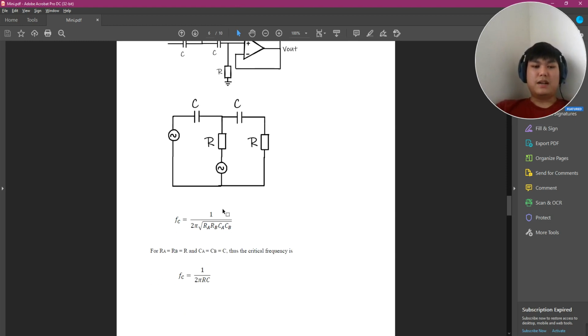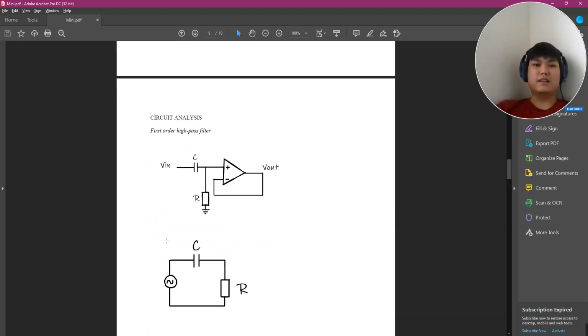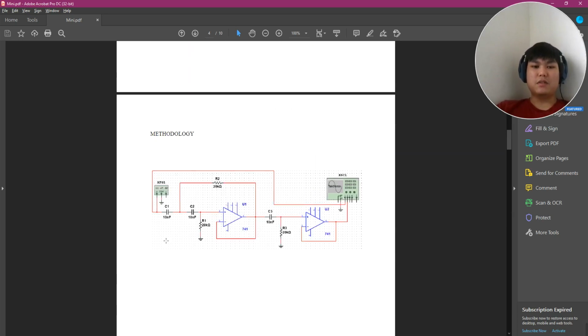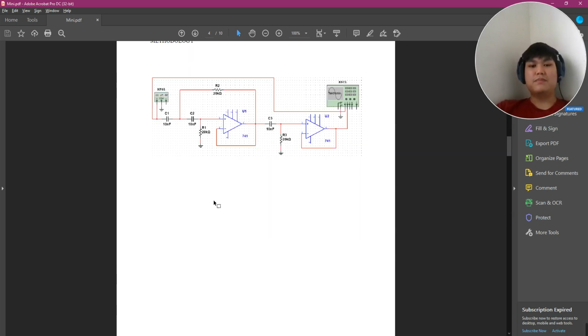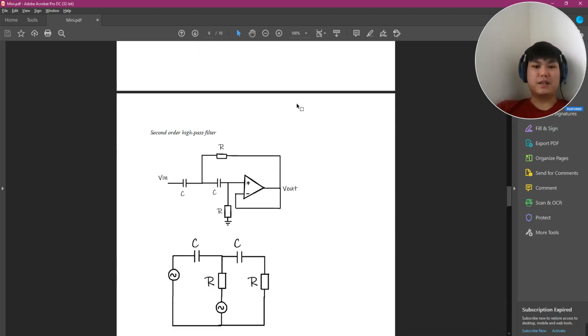In case RA and RB, and CA and CB, are equal, we can use the basic formula 1 over 2 pi RC. In the circuit that I created, I made all the capacitors and resistors the same, so I use the 1 over 2 pi RC formula.